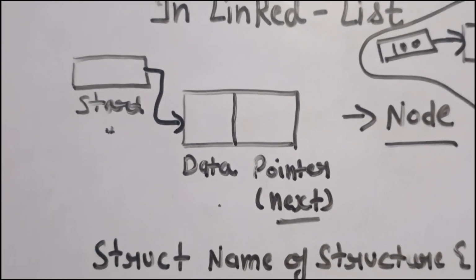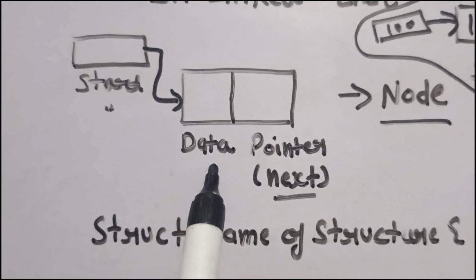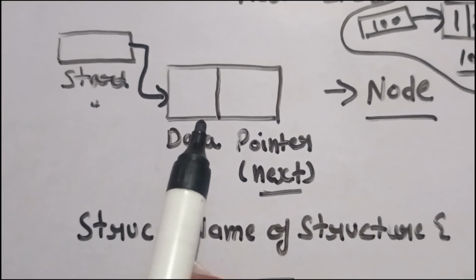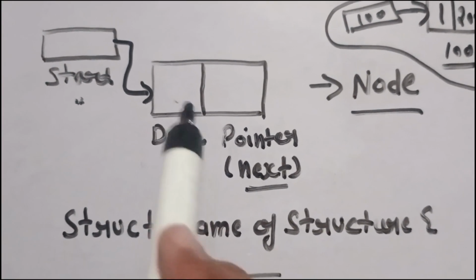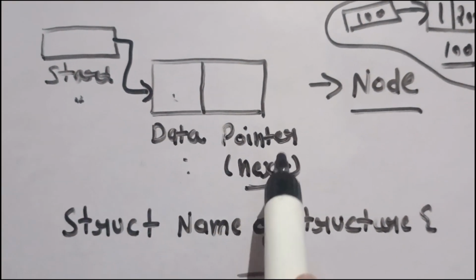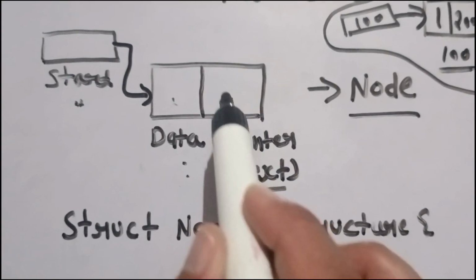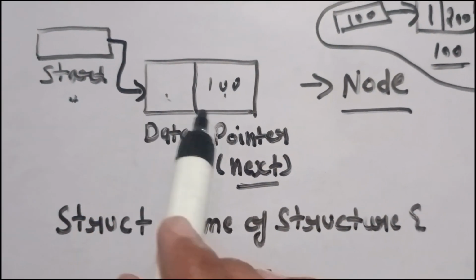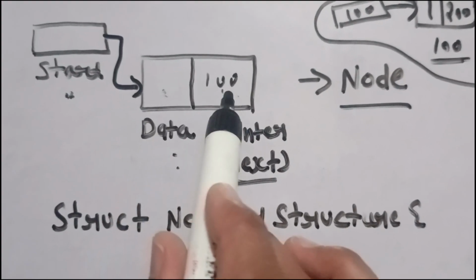The second reason why we use a structure here is that in the data part you can store any type of value, like integer and character. Suppose I am giving a character value like a name in the data part. In the pointer we have the address of the next node, so the pointer can be 100. Both these types are different.